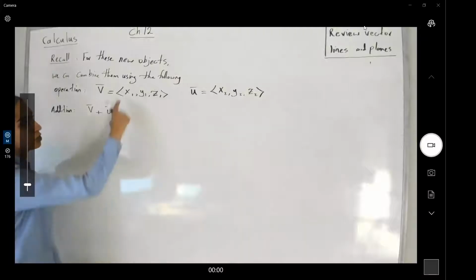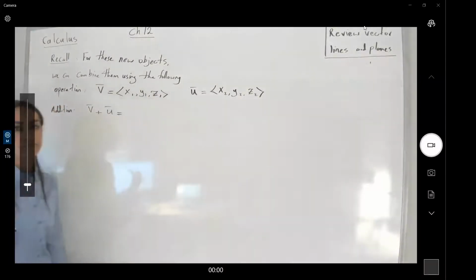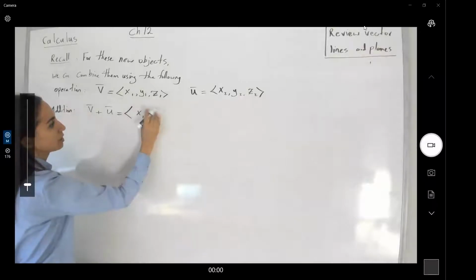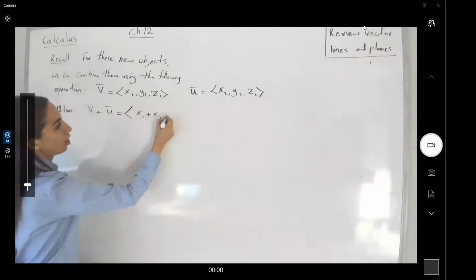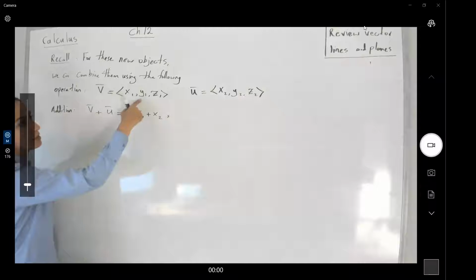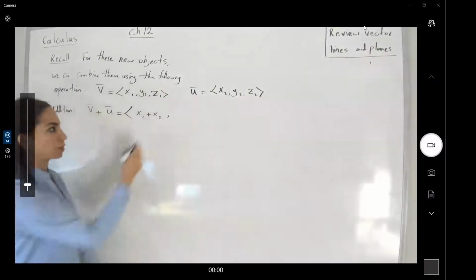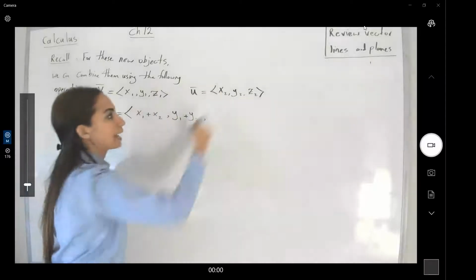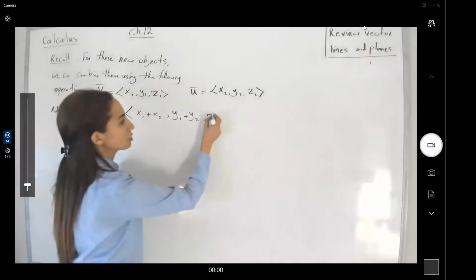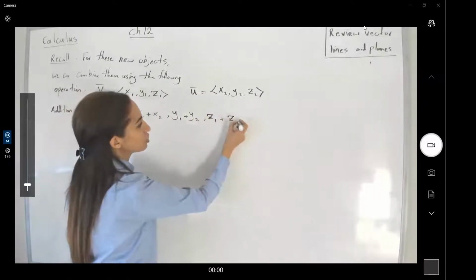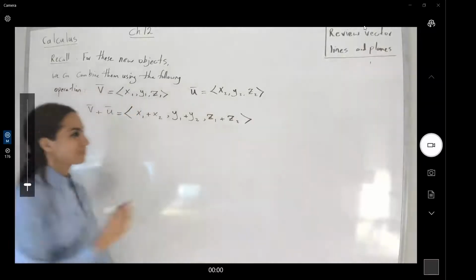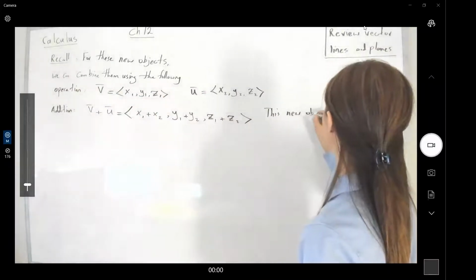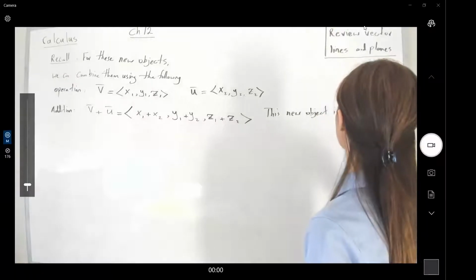You take the first components, add them together. So you get x1 plus x2, comma. You take the second components, add them together, y1 plus y2. Then you take the last components, add them together, you create a new object, which is a vector. So this new object is a vector.